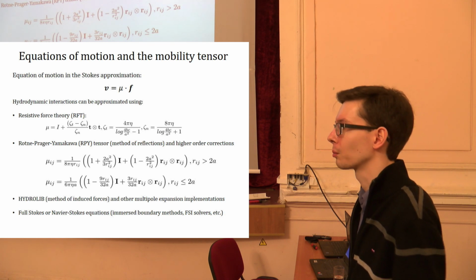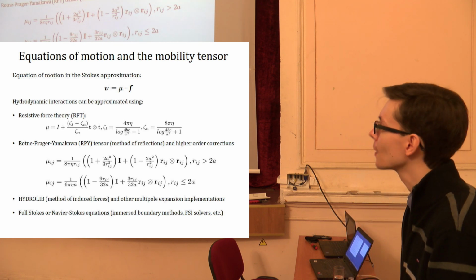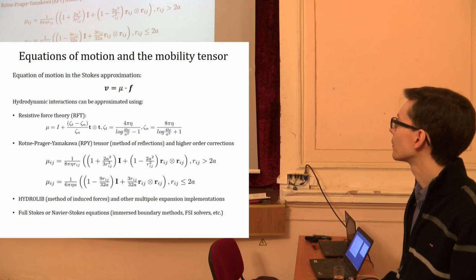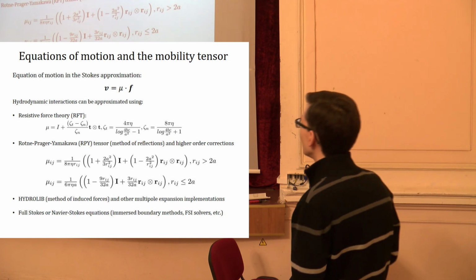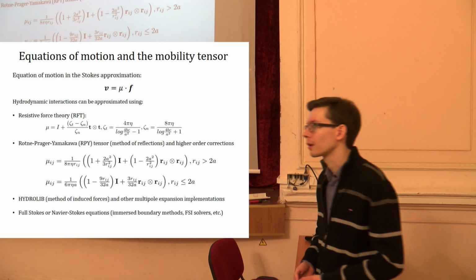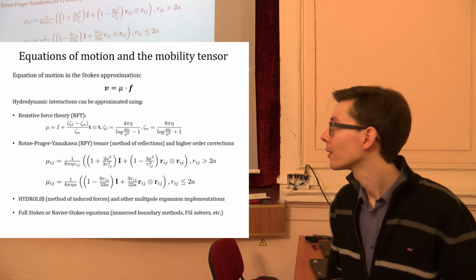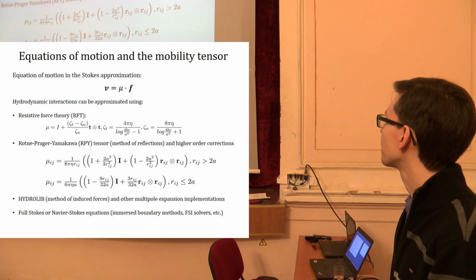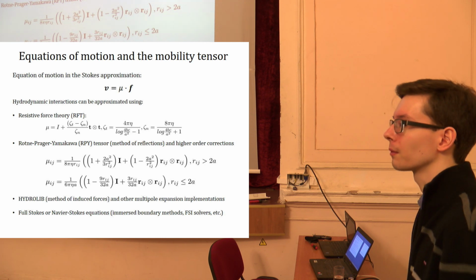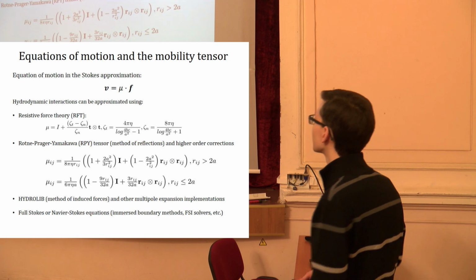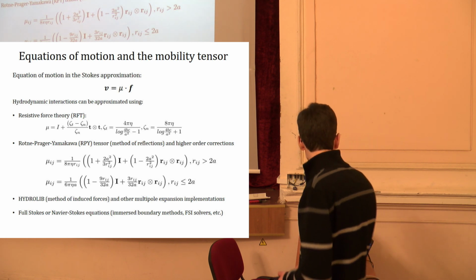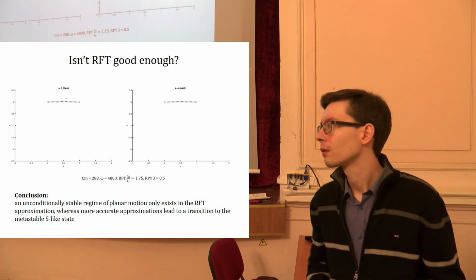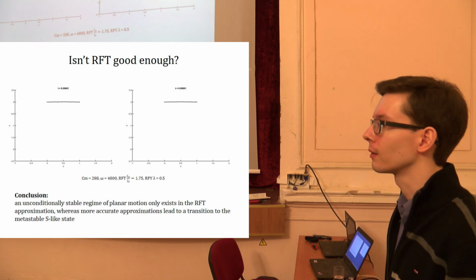It doesn't matter if they compose a filament or some other structure. There are also higher order approaches that are possible and that we have tried, including multipole expansions, which can theoretically be asymptotically precise as long as you have enough computational power. And of course, if all else fails, you can simply resort to solving the full complexity of the Stokes or the Navier-Stokes equations. The question naturally arises, how much of this tremendous complexity do we actually need?